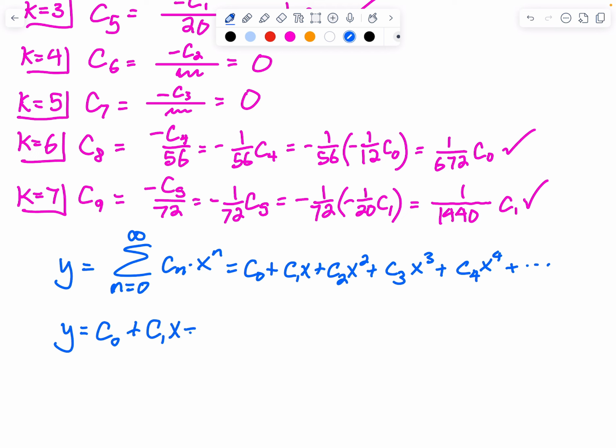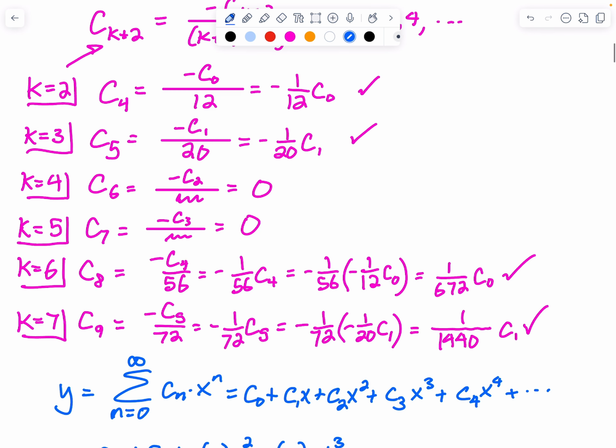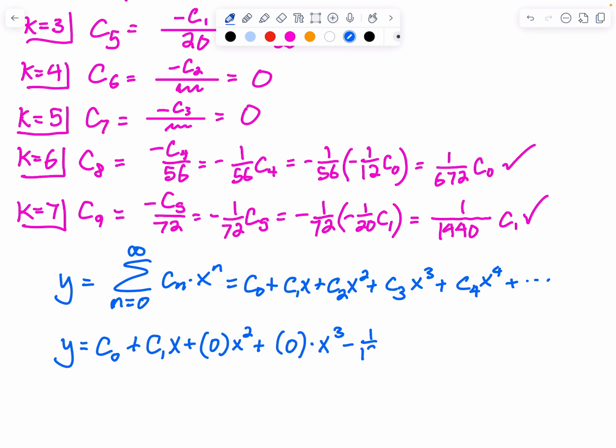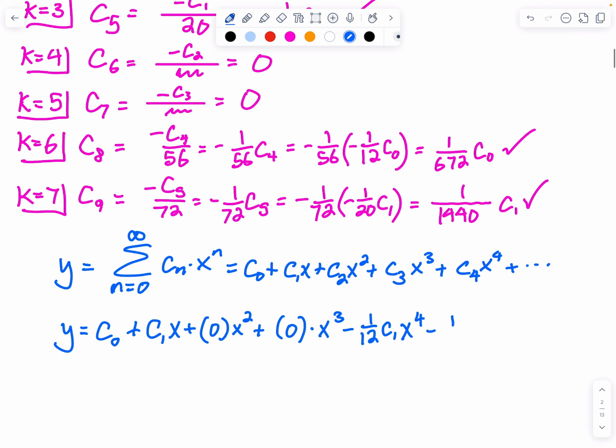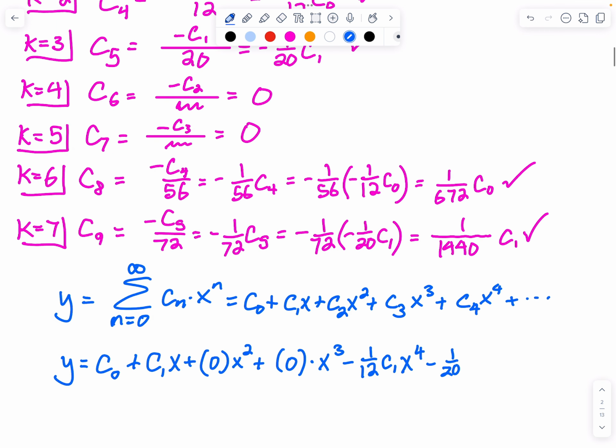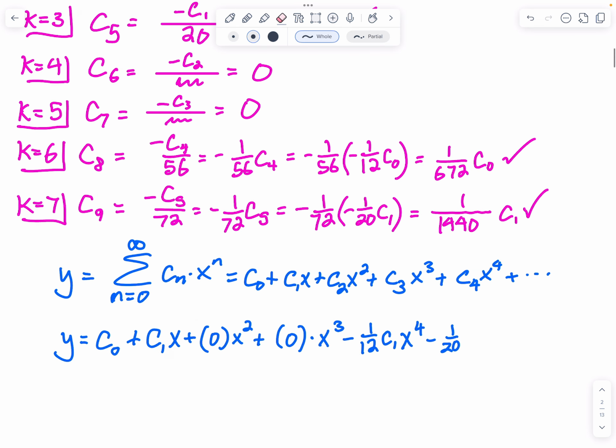All right, so C2 was 0, x squared. C3 was 0 times x to the third. C4 was negative 1/12 C0, x to the fourth. C5 was negative 1/20th. Oh, I put a 0, but it was supposed to be a 1. It was supposed to be a 0 here. So just be careful.